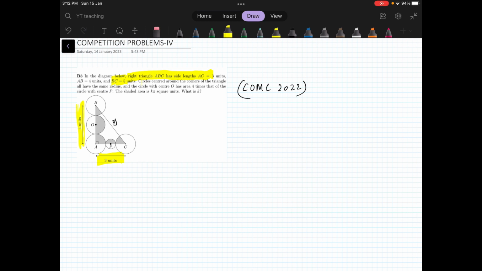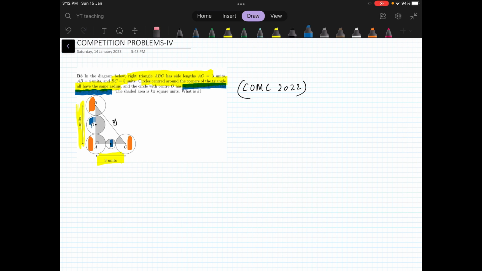Then we are given that circles centered around the corners of the triangle all have the same radius. So now if you look at the circles which are centered at the corner, they are like this circle here. So we have this circle here, this one and this one and this one. All of them have the same radius. And the circle with center O, so they are talking about this blue circle here, has area 4 times that of the circle with center P. So this small circle here.